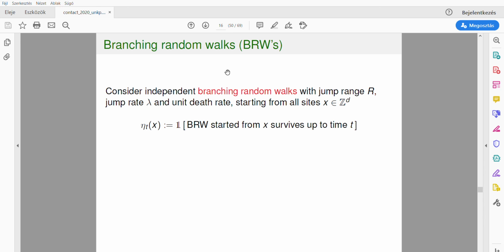So this is a branching random walk, and I want to define a different indicator. I want to define eta t of x to be the indicator that my branching random walk started from the site x survives up to time t. And of course, this event is the same as the analogous event about a branching process.